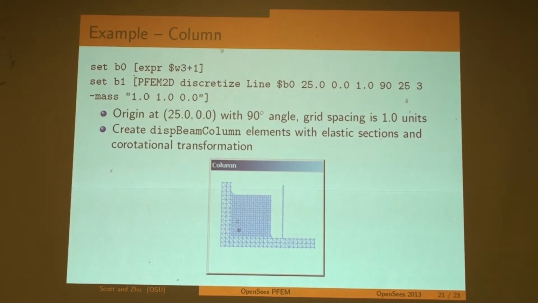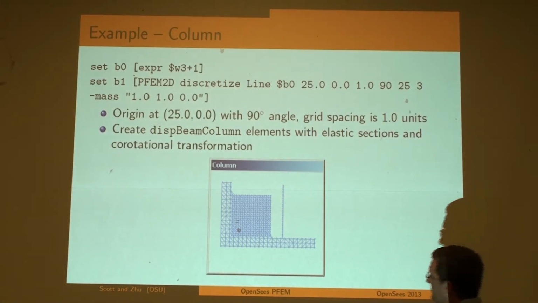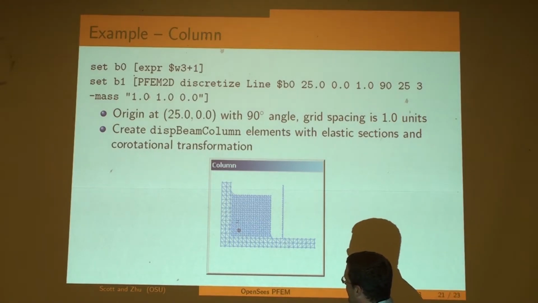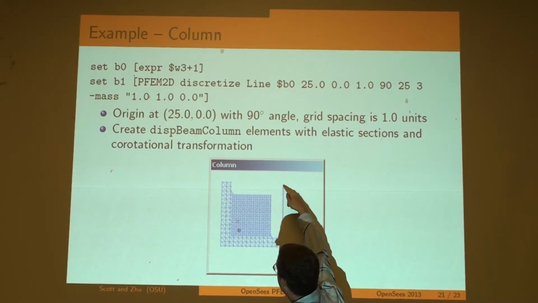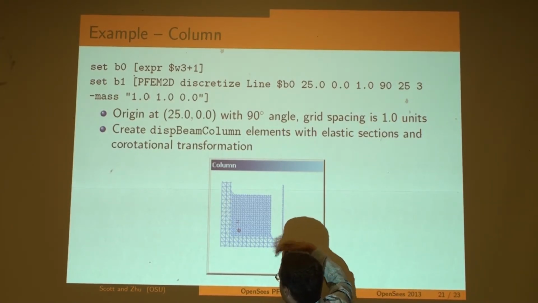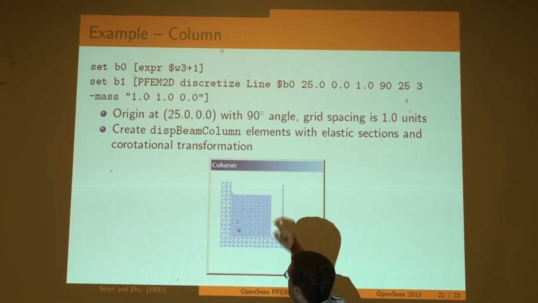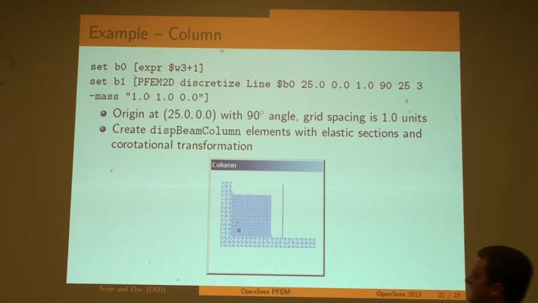And then using the commands that we've looked at before for beam column elements, we can discretize a line from here to here to give us a bunch of nodes, and then write a simple loop that creates a bunch of displacement-based beam column elements with elastic sections and the co-rotational transformation. So the co-rotational transformation lets us get away with not having to remesh the solid elements or the beam elements like we do with the fluid.